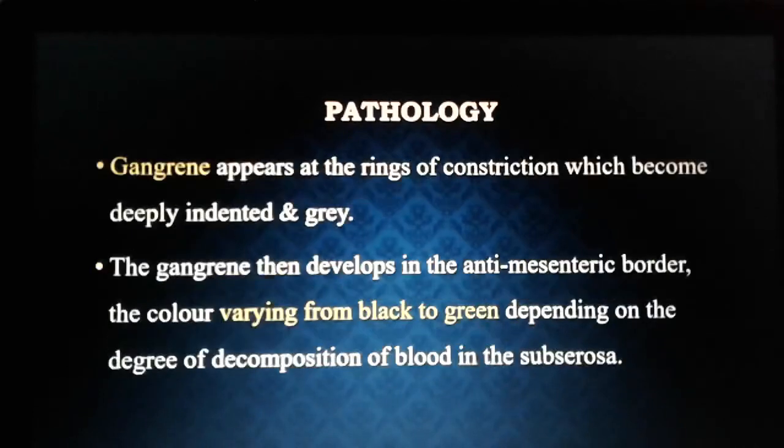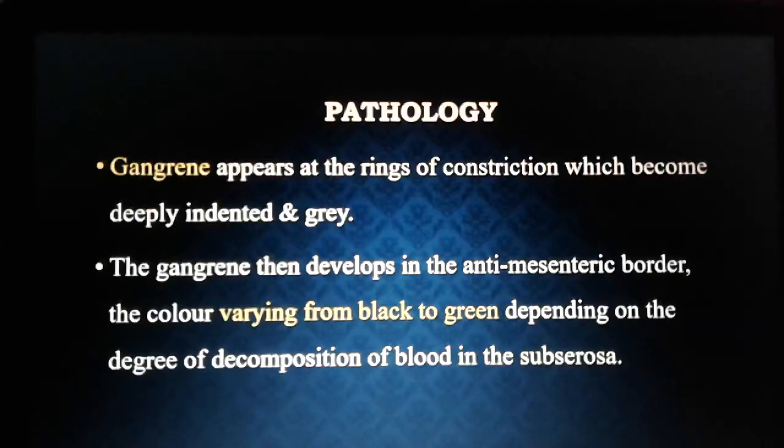After involving the ring of constriction, the gangrene will involve the antimesenteric border, and depending on the degree of decomposition of blood in the subserosa, it may appear to us from black to green color, the same bowel.